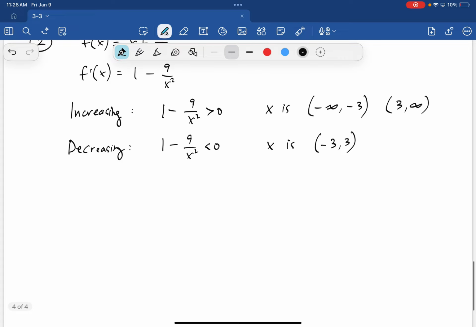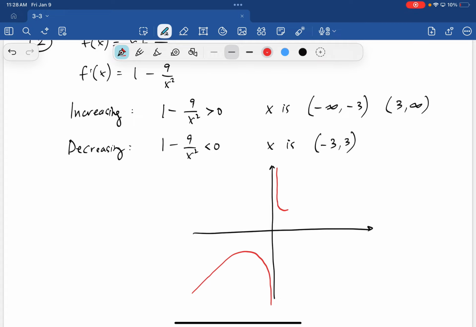Okay, I'll show you guys what the graph looks like, just so you can see what's going on. The graph looks like this. Then this is plus or minus 3.